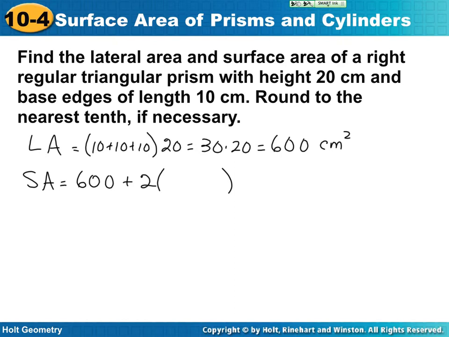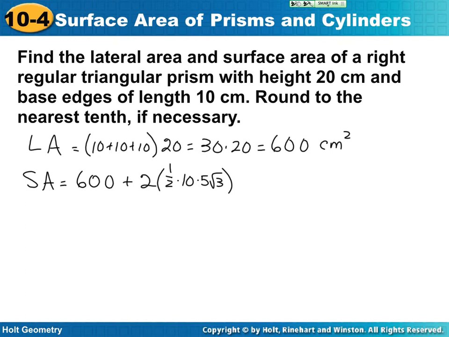Unfortunately, we did that up there, but 5 times the square root of 3 was the height. Now, if it had been 8, what would the height be? 4 square roots of 3. Right. So the triangle area was 1/2 the base edge times the height that we figured out earlier.